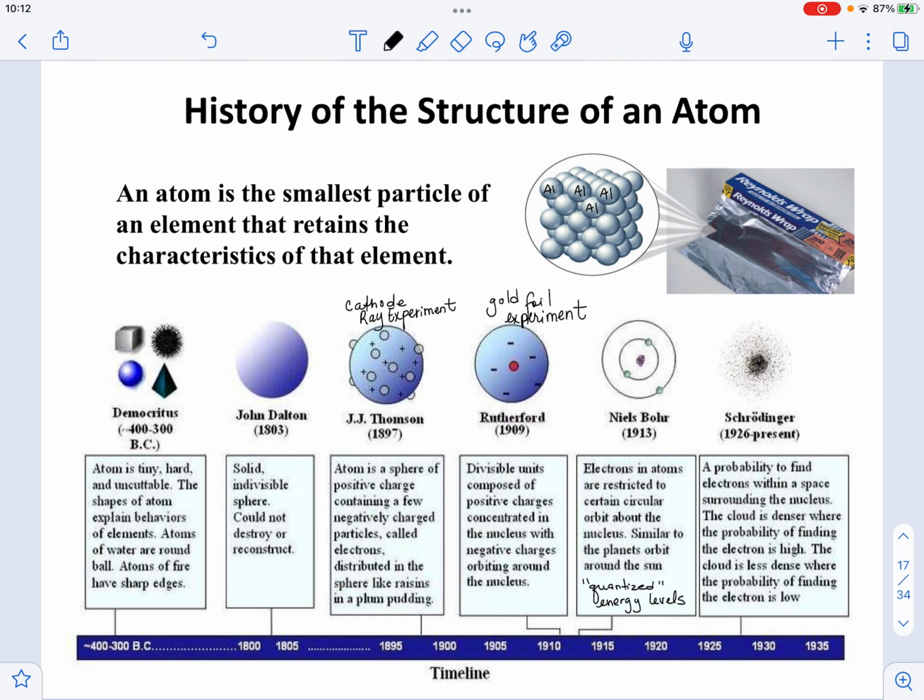He viewed those orbits as quantized energy levels. Mathematically, his equations worked excellently for hydrogen, but they didn't work for the other elements.